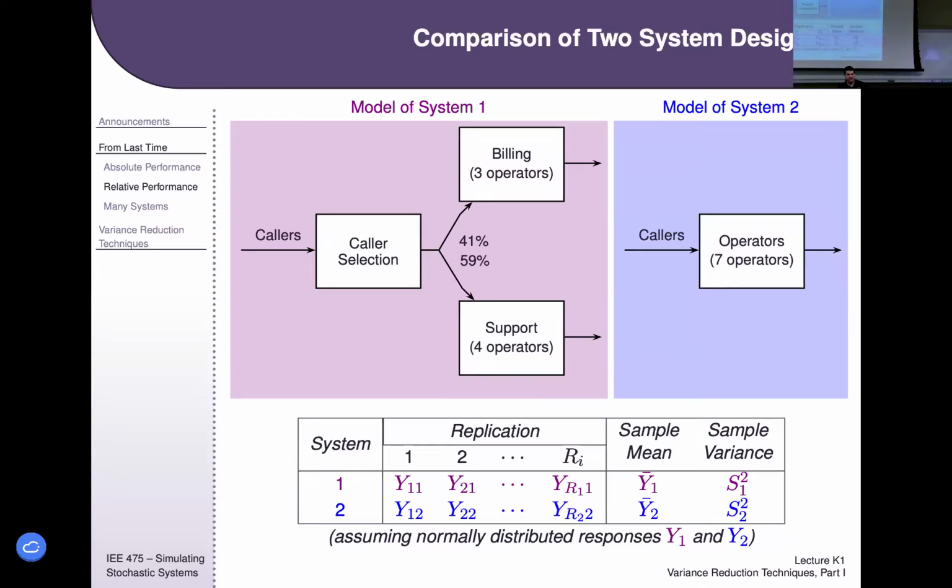But with a relative performance estimation, oftentimes you don't need a well-calibrated model because even in a poorly calibrated model, the difference between the as-is configuration and the proposed configuration is still going to be ordered the same way. It's not always the case, but very often it's the case.